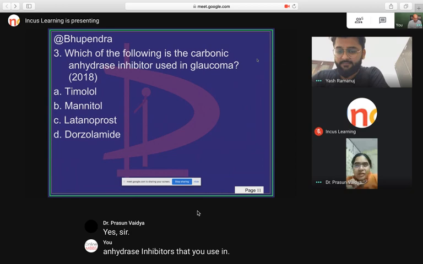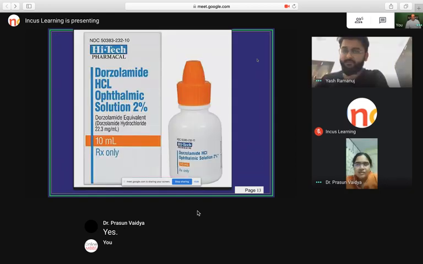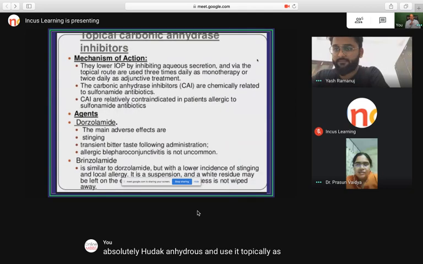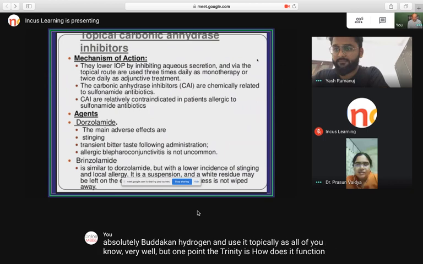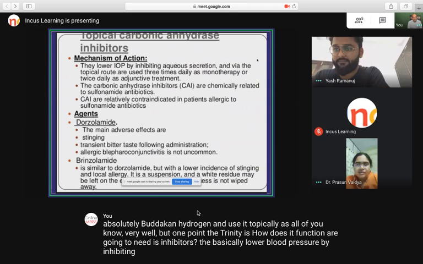Dorzolamide is a carbonic anhydrase inhibitor used topically, as all of you know very well. But one point you need to know is how agents like dorzolamide function. Carbonic anhydrase inhibitors lower the intraocular pressure by inhibiting aqueous humor production, which is what you need to remember.